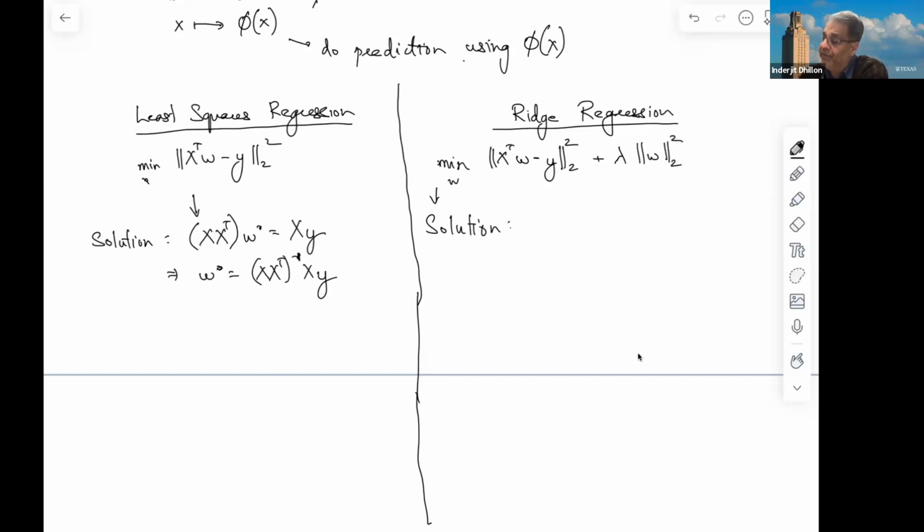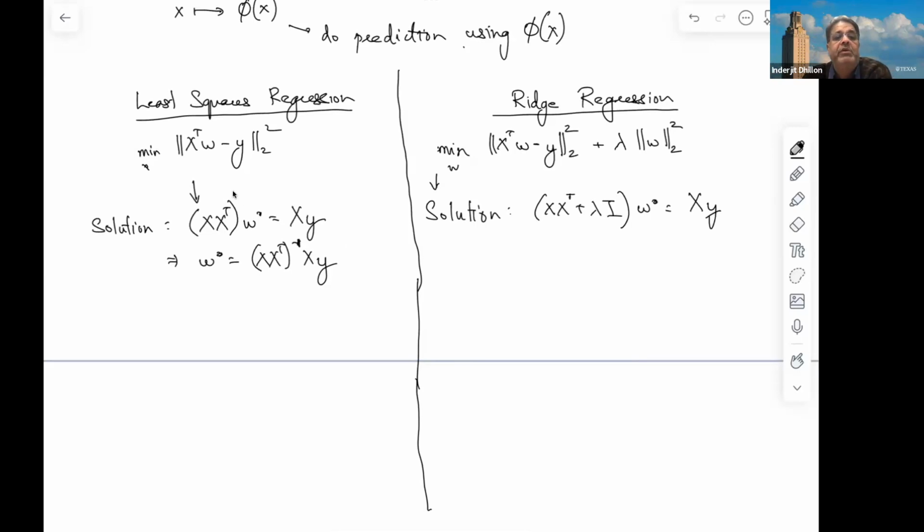If you take the gradient and set it equal to 0, the resulting equation is very similar, except lambda makes an occurrence this way: X X transpose plus lambda I, times W star, is equal to X y. So my optimal coefficients are X X transpose plus lambda I inverse times X y.